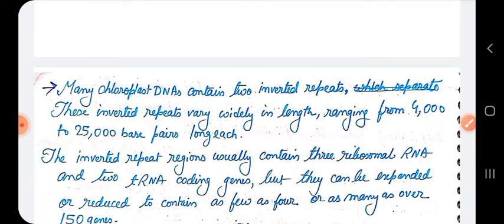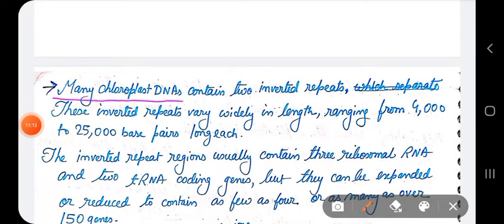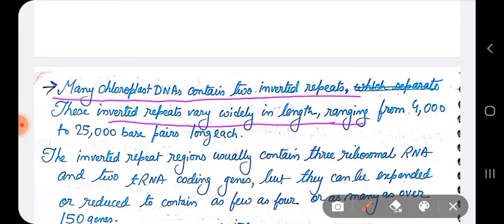Now more to go about chloroplast DNA. Many chloroplast DNA have two inverted repeats, and these inverted repeats vary widely in length, ranging from 4,000 to 25,000 base pairs long each.